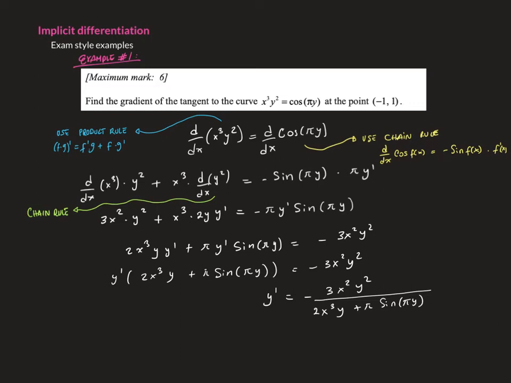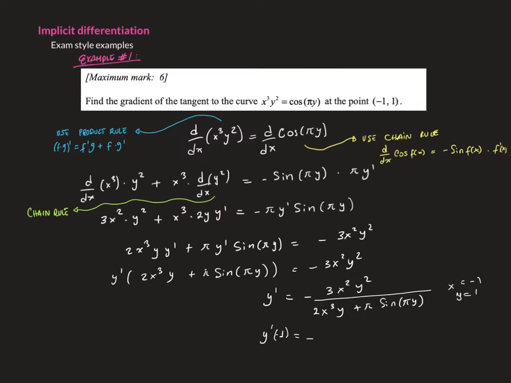Now the question is asking us to evaluate the gradient of the tangent to this curve, so we need to calculate the actual value of the derivative. So we're going to substitute the values of x equals -1 and y equals 1 to get y' at that point.